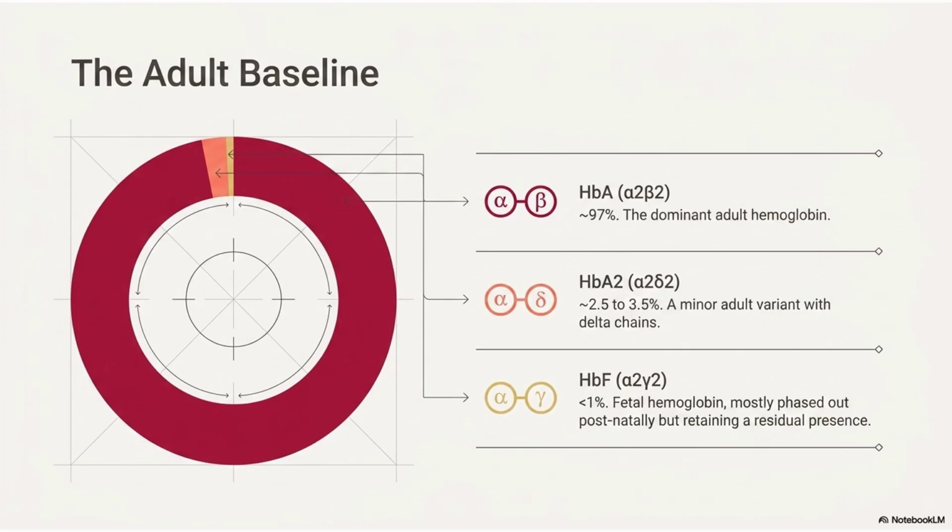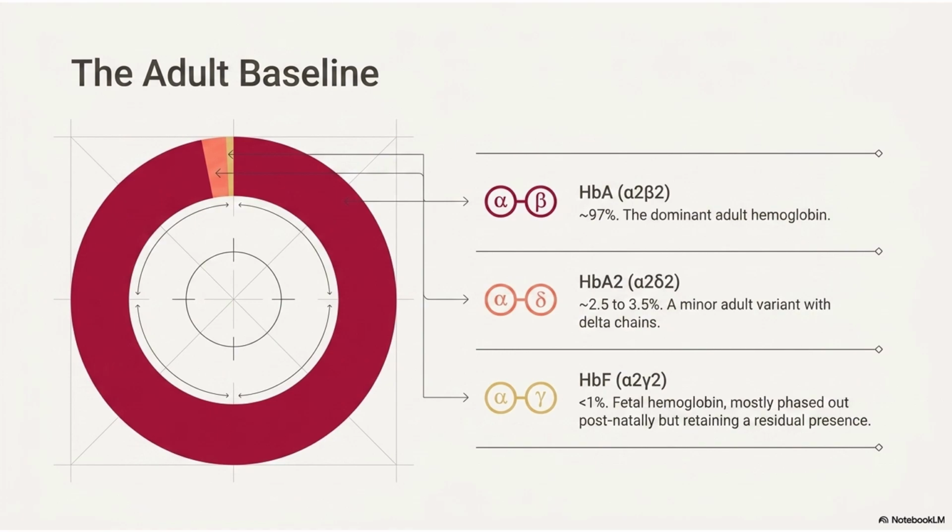Although HbF is the dominant hemoglobin before birth, healthy adults normally retain less than 1%. That small amount usually has no physiological significance, but we'll see later that increasing HbF production has become one of the most effective treatments for sickle cell disease.